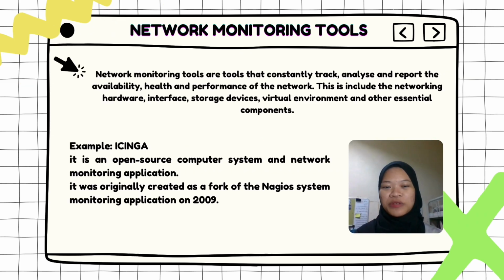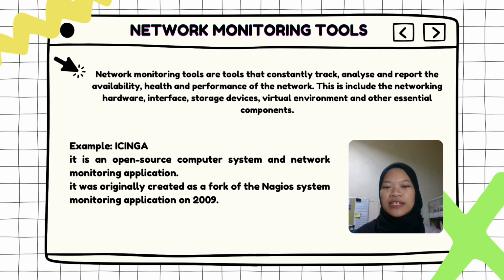Next is network monitoring tools. Network monitoring tools are tools that constantly track, analyze, and report the availability, health, and performance of the network. This includes the networking hardware, interfaces, storage devices, virtual environments, and other essential components. As an example, Icinga. It is an open source computer system and network monitoring application.